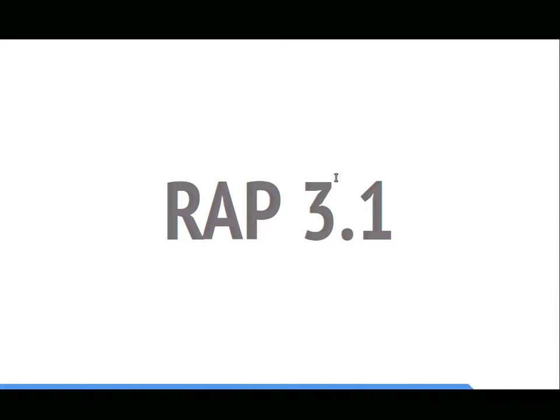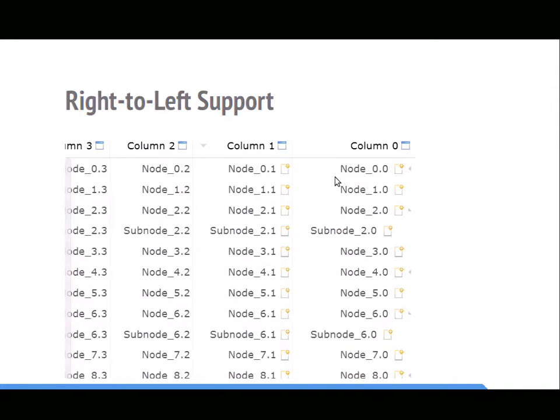Okay, let me shortly talk about what we plan for REP 3.0. One thing that we have almost done is right-to-left support. So if you support Arabic languages or Hebrew languages, you have to mirror the entire UI. If you look at the Hebrew Wikipedia, for example, you can see what difference that makes.